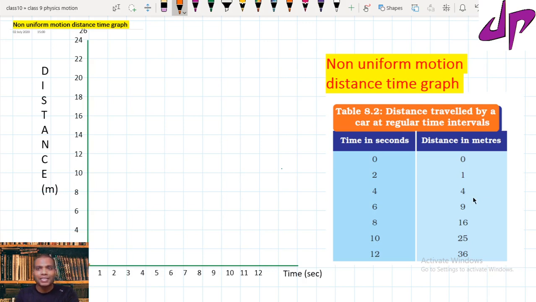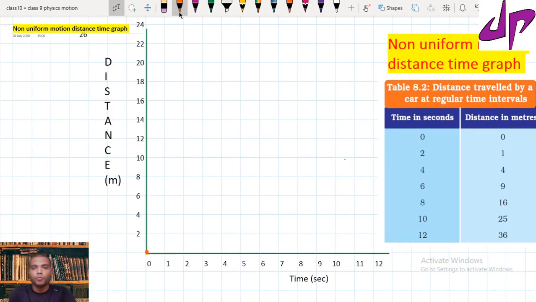If the time is 2 seconds, the distance is 1 meter. Now on the y-axis, I have taken the scale of 1 centimeter, meaning each block is 1 centimeter. 1 centimeter equals 2 meters on the y-axis, and on the x-axis, 1 centimeter equals 1 second.